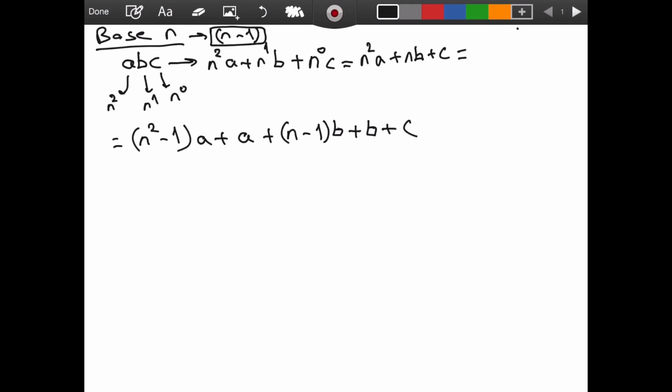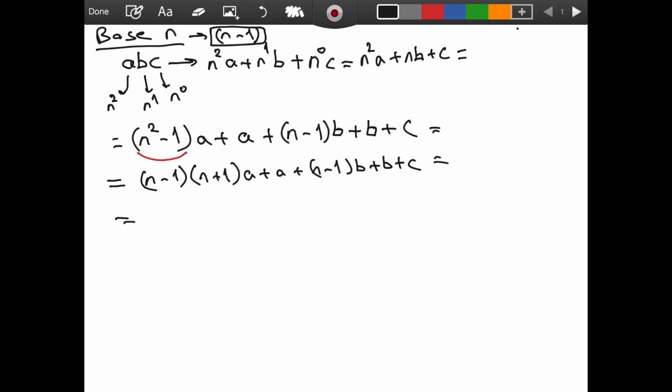And now I want to factor this part. Actually, not factor, I want to expand this part. And n squared minus 1 expands like this, n minus 1 times n plus 1. We, of course, still have a plus n minus 1 times b plus c. All right.